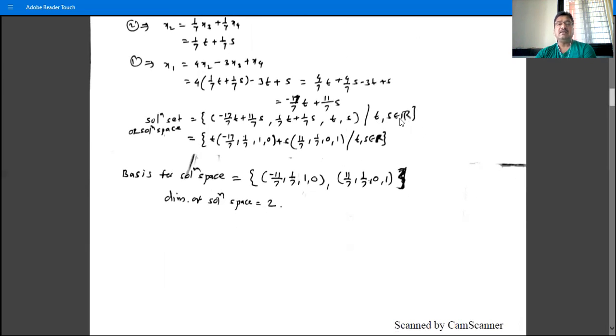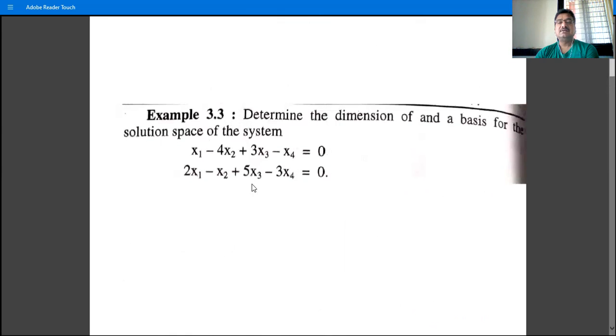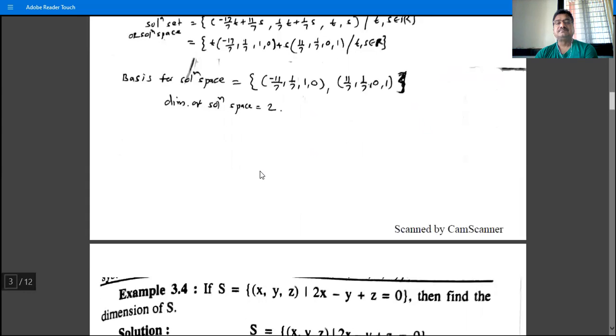T and s are any real numbers. So this is the solution set or solution space of the given system.